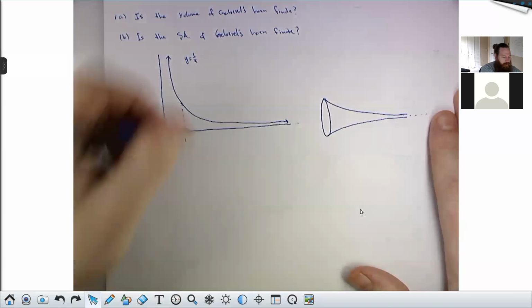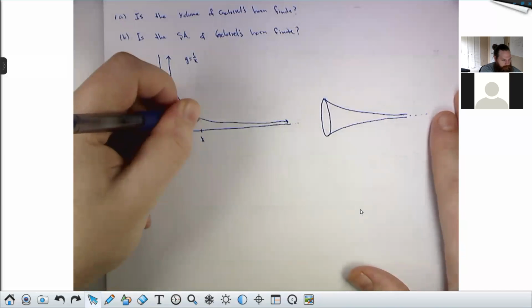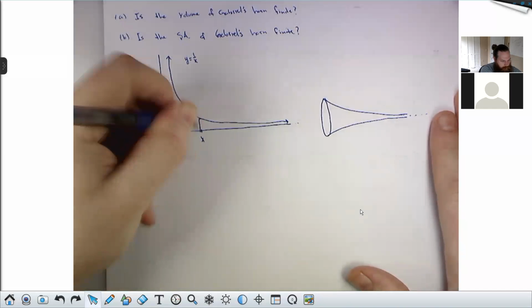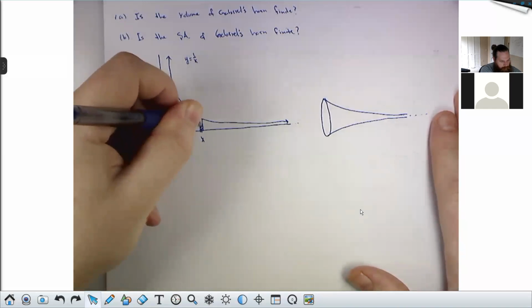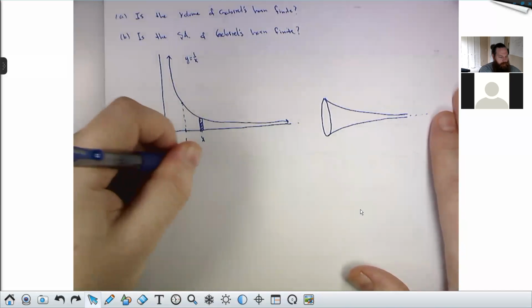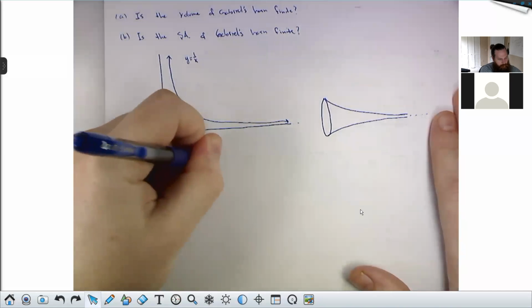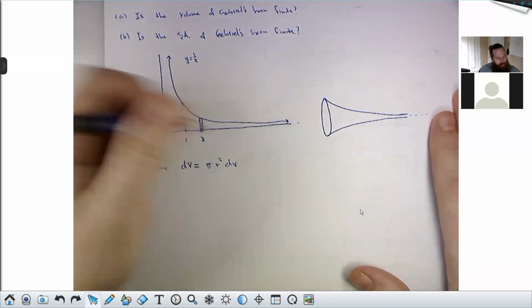I can do this using the disk washer method. If x is here, I imagine my little strip looking like this. The dV that I need for the volume is pi times r squared dx.